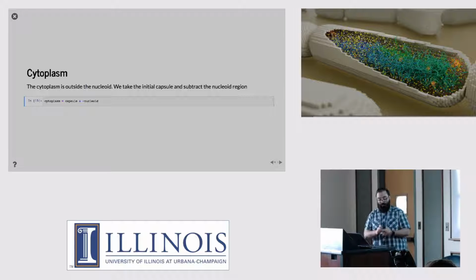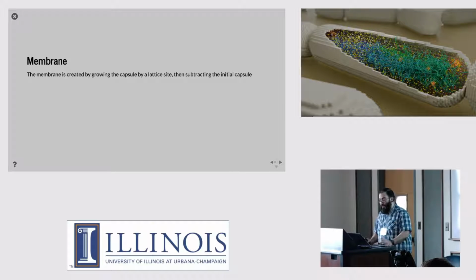So we're going to take the union of the complement of the nucleoid, and that's just going to subtract it from the center. Finally, we're going to make the membrane, and this is going to be done by taking the capsule region we defined earlier and then growing it by a single lattice site over all of the directions. And then once we have this slightly larger capsule, we'll subtract the original capsule from it to get the boundary.